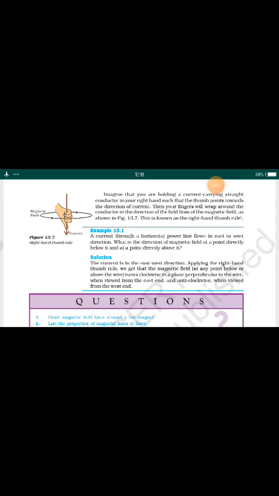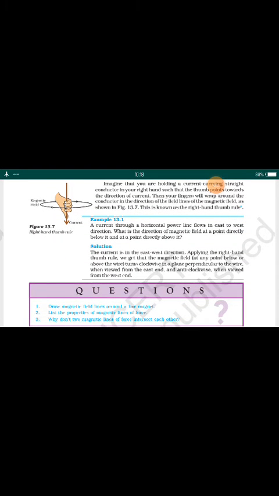Then your fingers will wrap around the conductor in the direction of the field lines of the magnetic field as shown in figure 13.7. This is known as the right hand thumb rule.